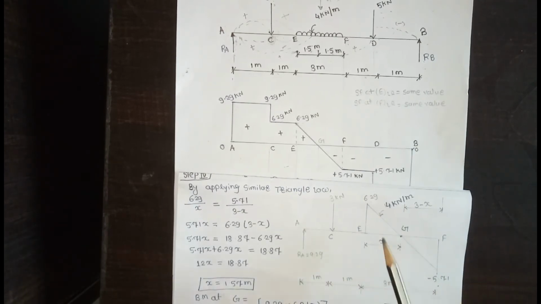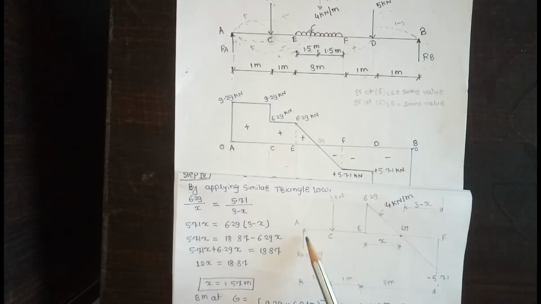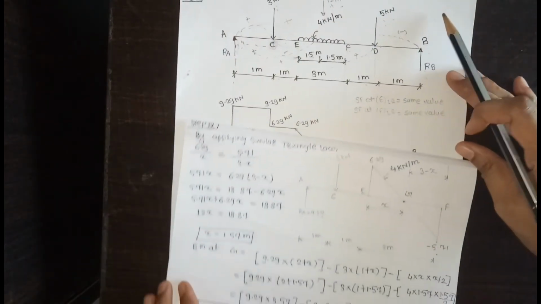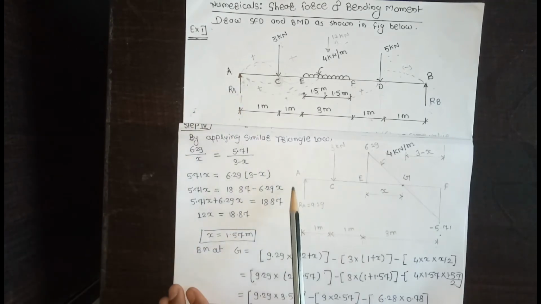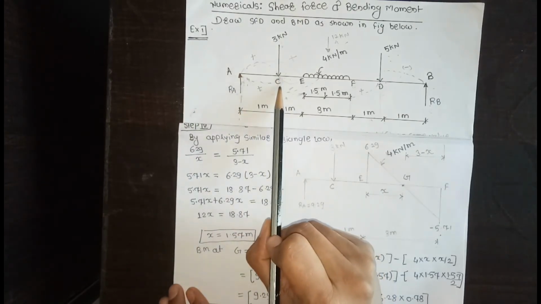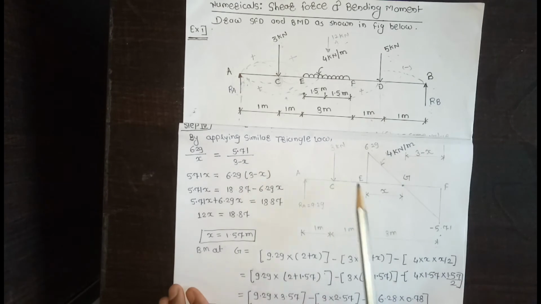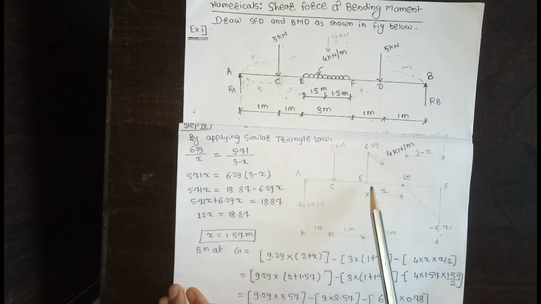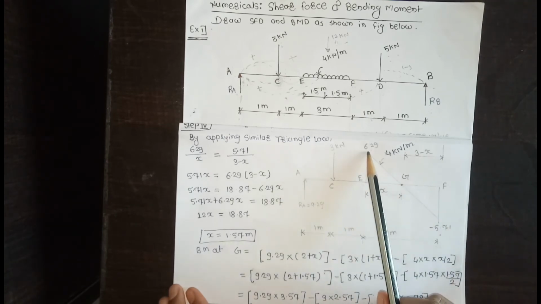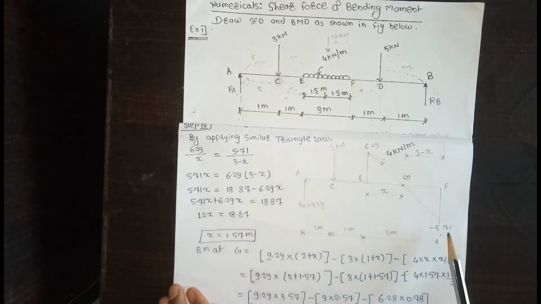The left forces: first is RA at point A, then the 3 kilonewton force at point C, then point E, and the UDL is 4 kilonewton per meter, and the UDL is a triangle.